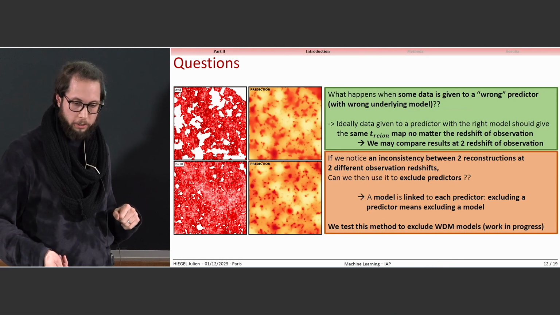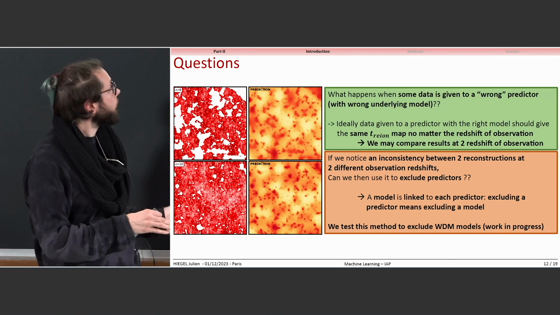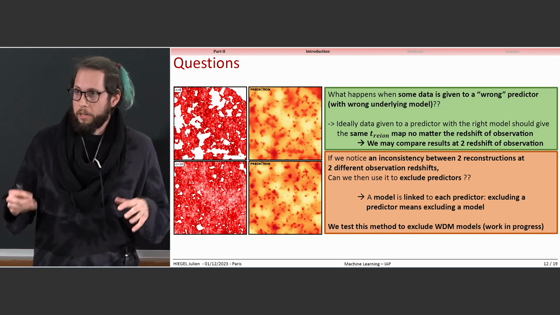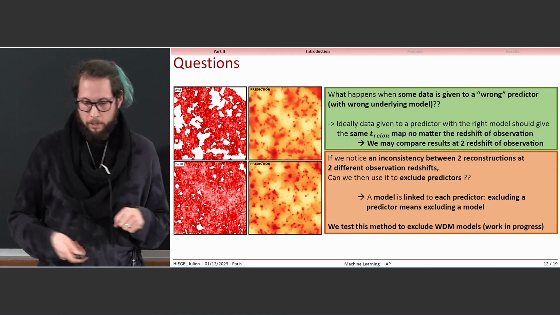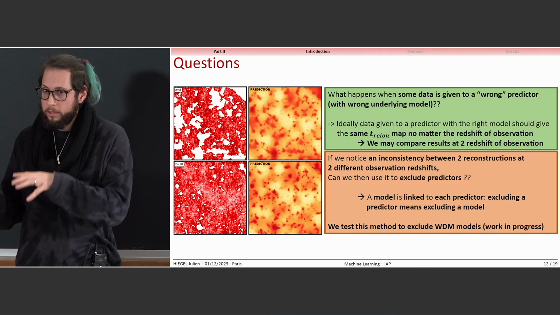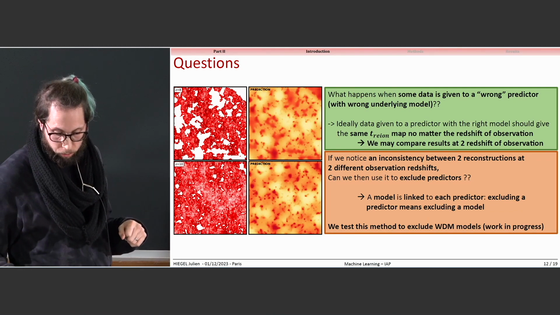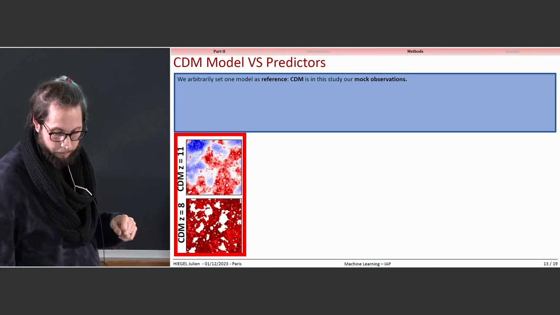Here, the two predictions look similar, yet they are not identical. And then we can wonder, what if we notice an inconsistency between two reconstructions at two different redshifts? And then can we use it to just exclude a predictor? This is what I want to do with a warm dark matter model in the following.